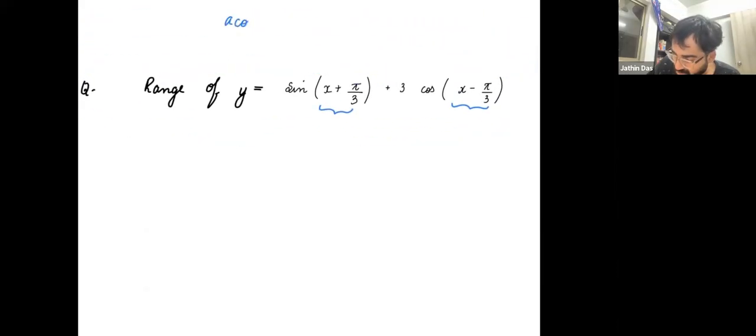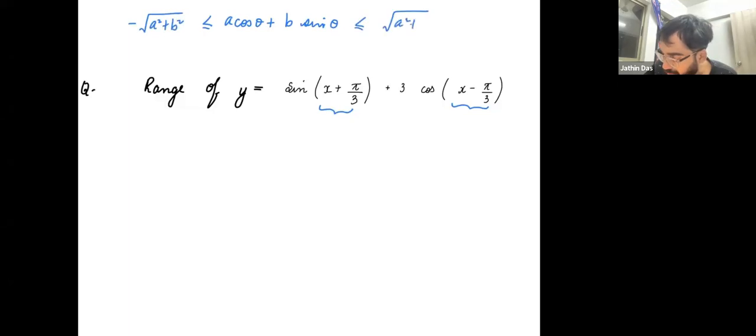For a cos theta plus b sin theta, yesterday I told the range is from minus root of a square plus b square to root of a square plus b square. Correct? So find the range for this question.